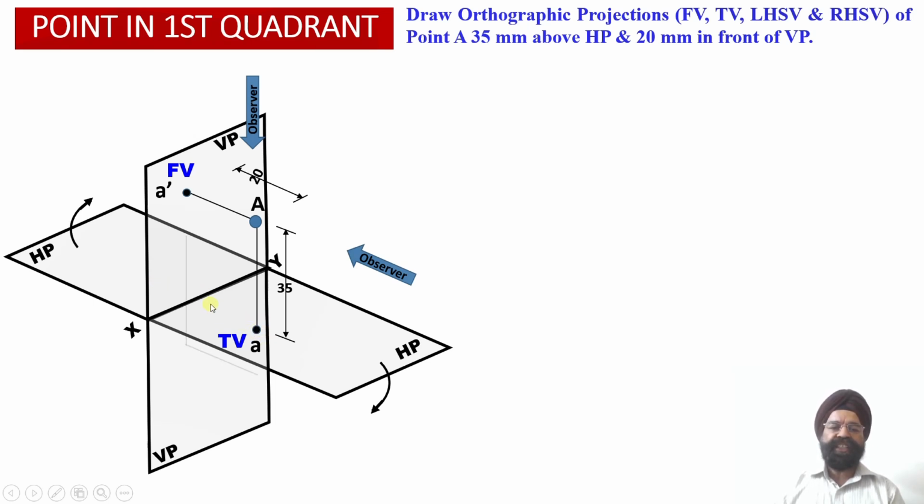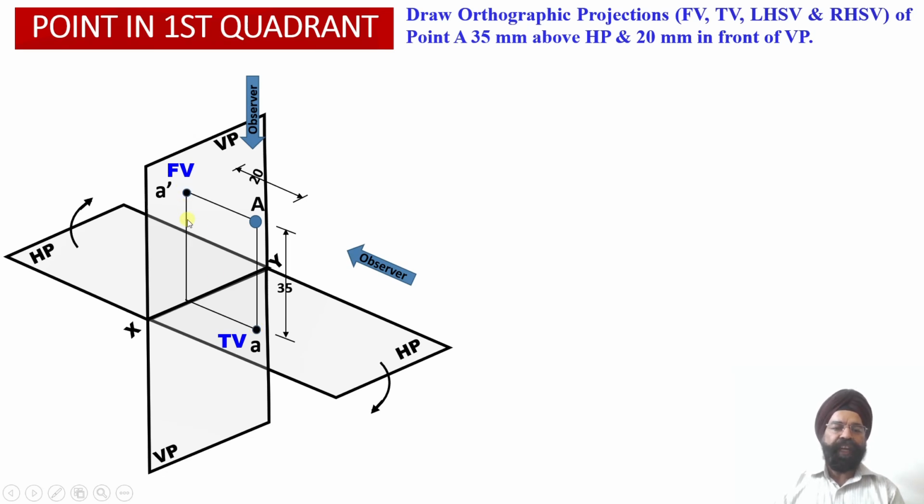Now let us discuss the relationship between the front view orthographic projection and the top view orthographic projection. Both of these orthographic projections, that is front view A dash and top view A, are lying onto mutually perpendicular planes.